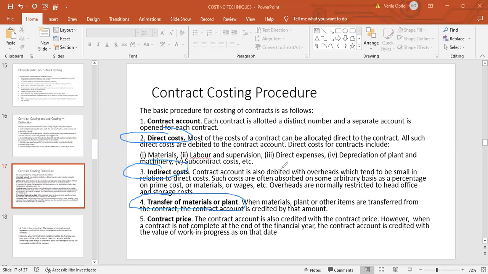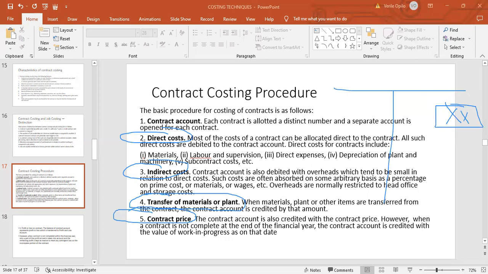The other thing you have to consider is that you're not undertaking the contract for free. So you are going to have what we call a contract price. A contract price is how much the company is going to get from the contract. How much income will you receive? The contract price is an income, and according to the rules of double entry, incomes are usually recorded on the credit side.